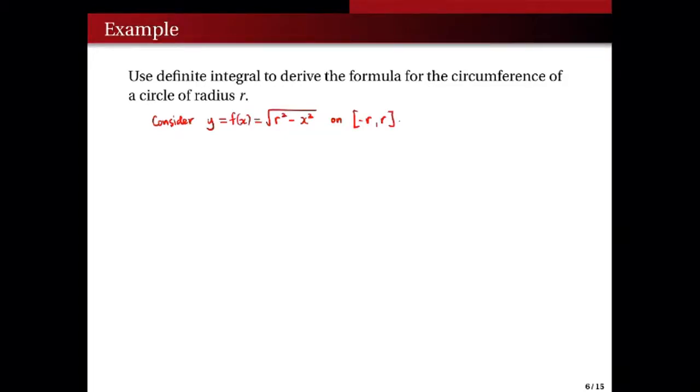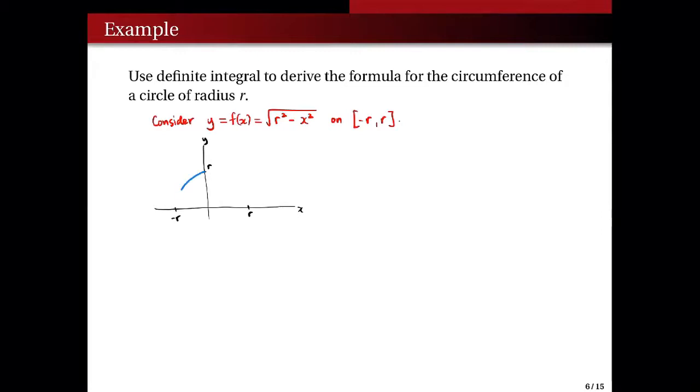So what is this? In here, you just have the semicircle. So this is your y-axis and your x-axis here. This is your r. This is negative r, and maybe let me estimate r is here. So your y equals f of x.